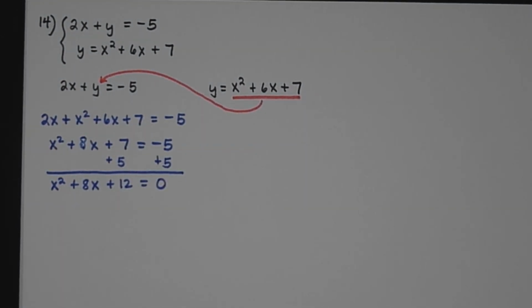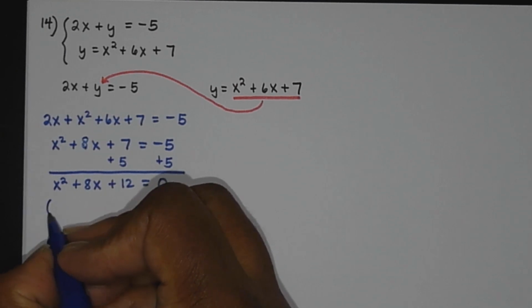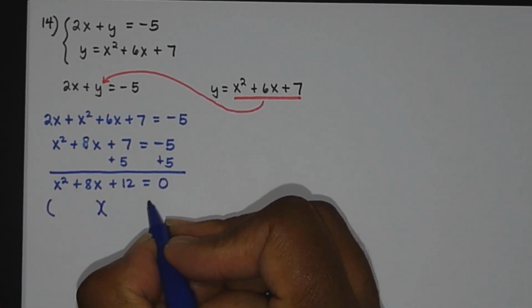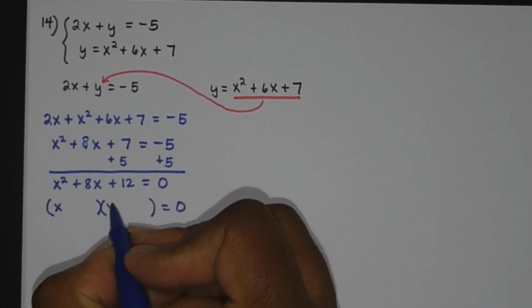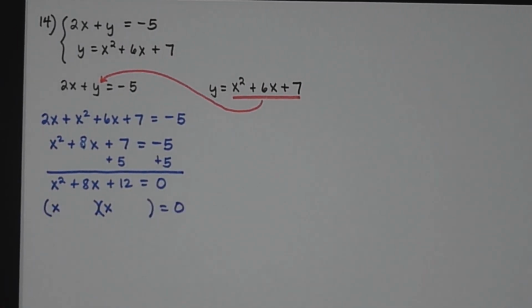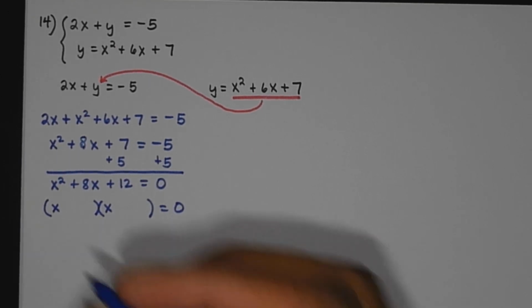And in this case here, we're going to factor the left-hand side since it's a quadratic equation. All right, so that x squared breaks up as x and x. Now, what factors of 12 gives me 8x as a middle term? 6 and 2.